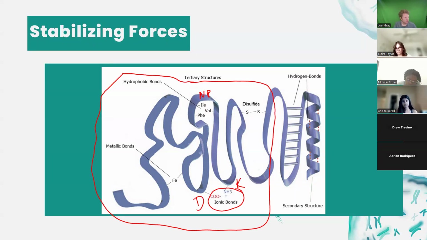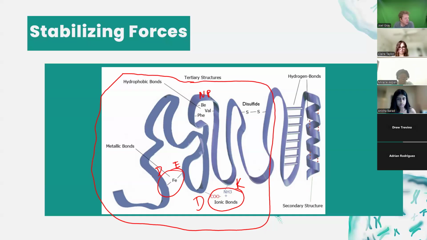Now, this one's a little bit trickier, but metallic bonds. In order for a metallic bond to take place, you might have to have something that directly binds to that metal ion, in which case you'd probably have something like an aspartic acid or a glutamic acid, because those are going to coordinate that metal.